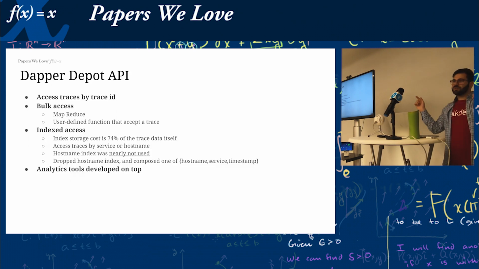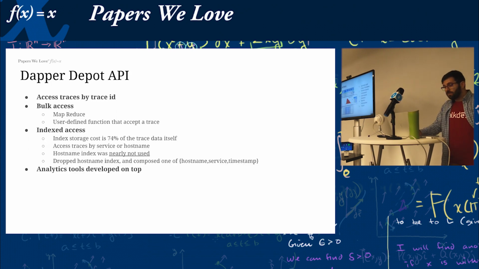It accepts a function and you process something. And you can also find traces by host name or service name. They found that host name alone as a key was not useful, so they created a compound key of host name, service, and timestamp. And they developed some analytics tools on top of this API also.